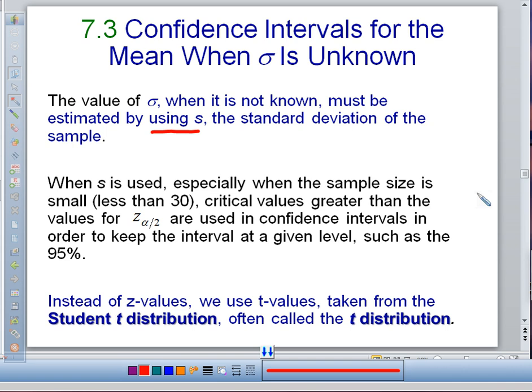So instead, you need to take a little larger critical value to make up for it, because it's likely to be biased a little bit and a little smaller than it should be. So instead of using our regular z-scores for a critical value, we're going to use what we call t-scores or t-values from the t-distribution. And I guess I can tell you guys the story.